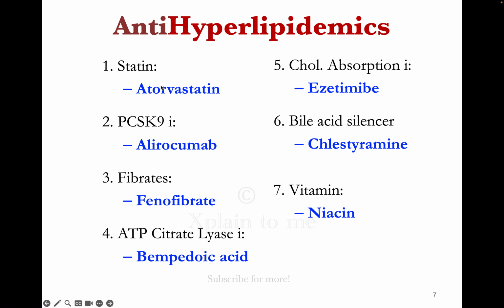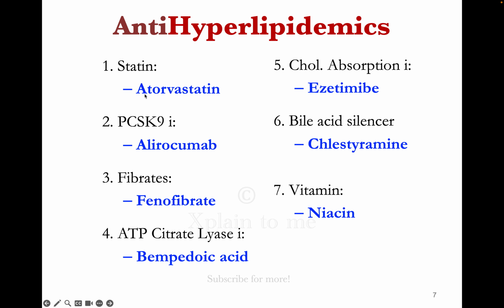Or there is another long-acting drug available called rosuvastatin. That is a really very good drug. That is also hydrophilic. Atorvastatin is lipophilic, therefore it can distribute into the tissues really fast. But when it gets into the skeletal muscle very quickly, it can cause myalgia, myopathy, and all the complications.